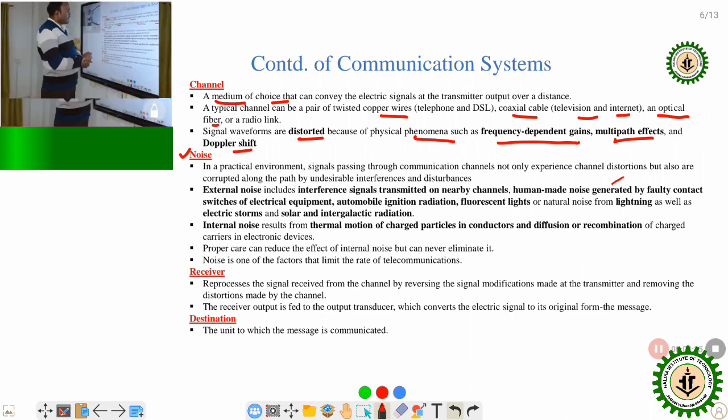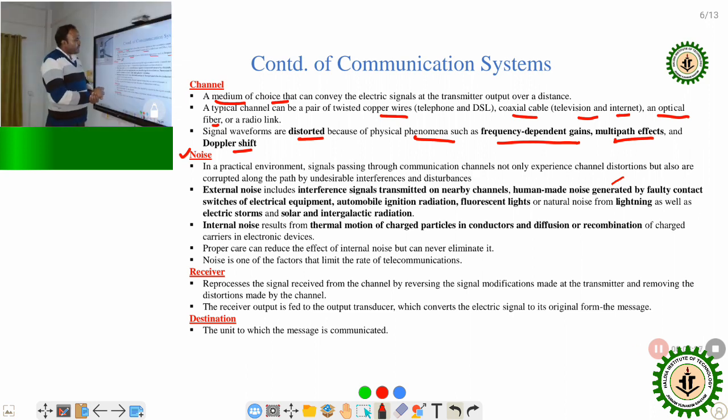That's why noise is a very important parameter in a communication system, and you cannot avoid this noise at all. Now, what are the noises? Two types of noise come into the picture: external noise and internal noise.